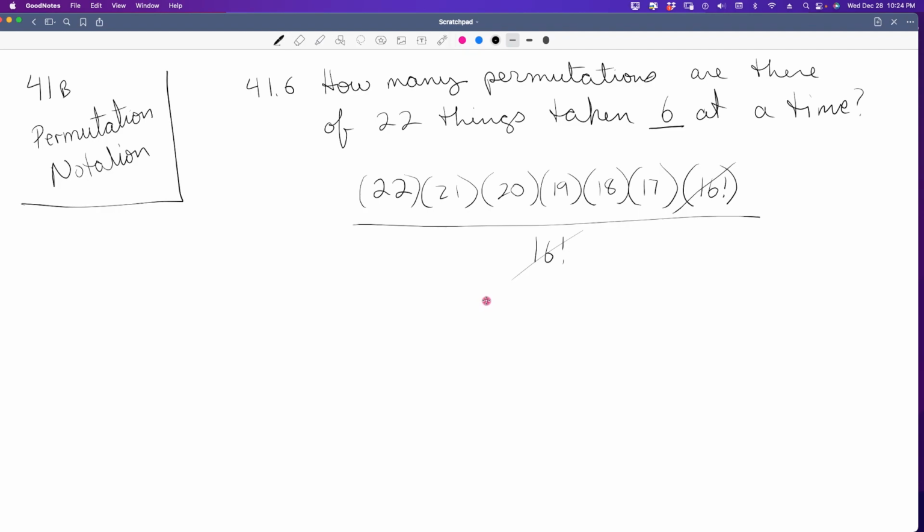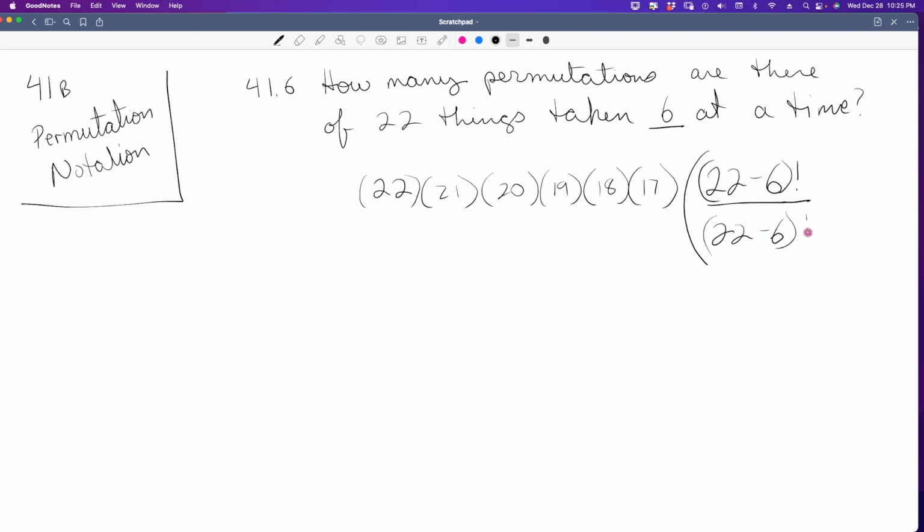But we need another way to do that so that it is relatable to each of the formulas every time. So we're going to do it like this. We're going to multiply this by 22 minus the rate as a factorial over 22 minus the rate as a factorial.